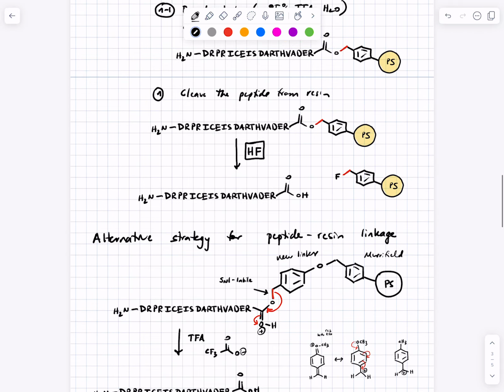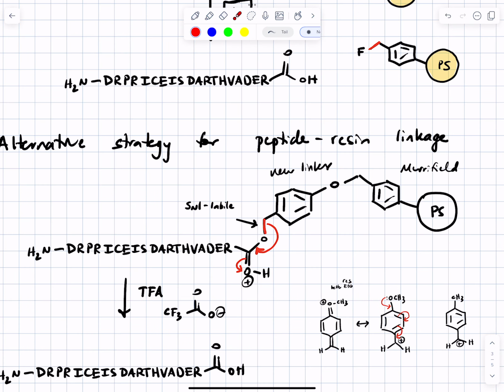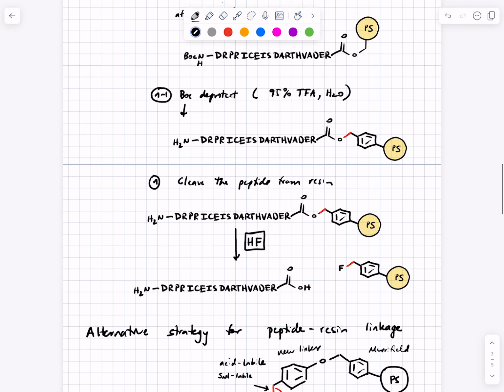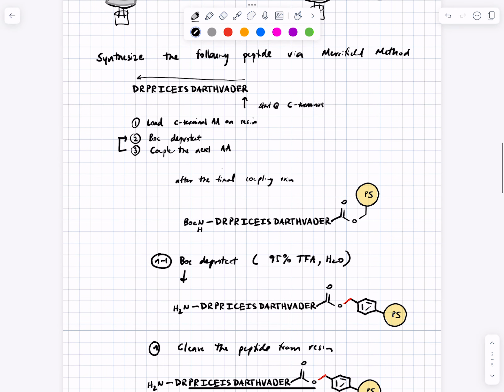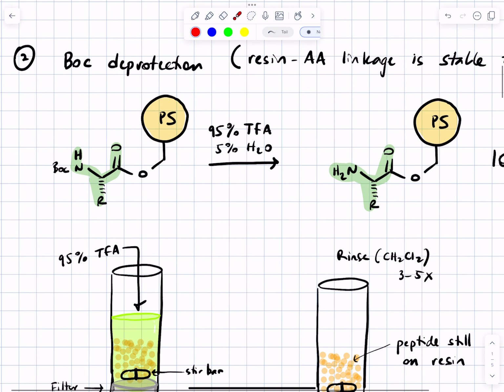What you would need to do is go back here and realize that if you use this new linker that has an acid labile linkage between the C-terminal amino acid and the resin, you will need an amino protecting group strategy that involves FMOC instead of Boc. So up here at this stage, instead of Boc deprotection, you'd use FMOC deprotection, and the conditions would be to use that base, piperidine, to do the deprotection.